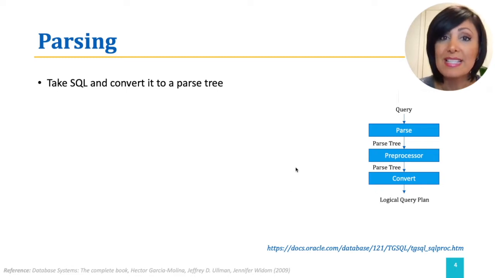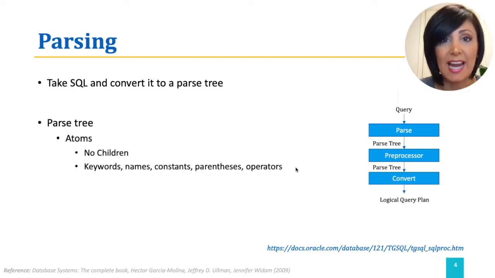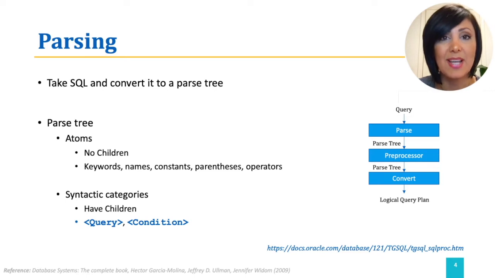A parse tree is a tree with nodes that are either atoms or syntactic categories. Atoms are the leaf nodes. They do not have children. They are lexical elements, for example, keywords such as select or where, names of relations, names of relation attributes, constants, or parentheses and operators.